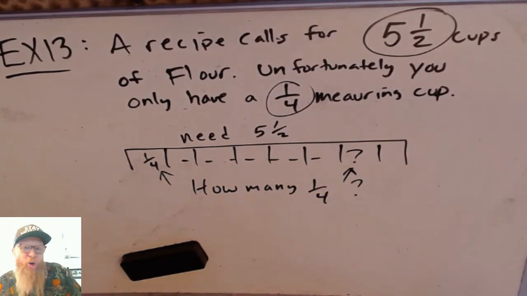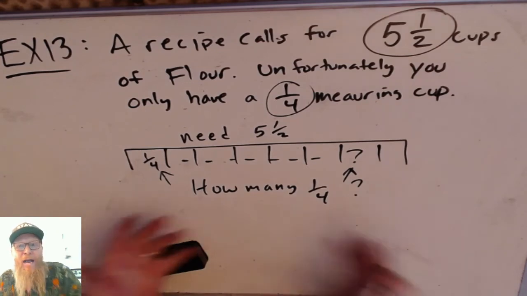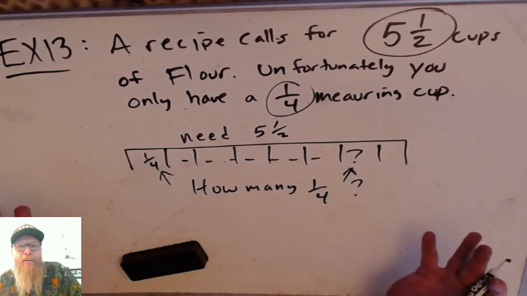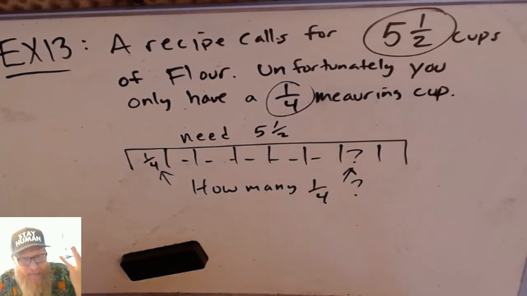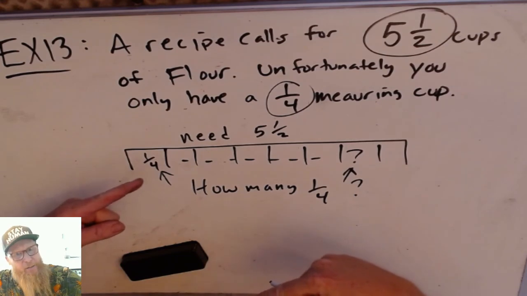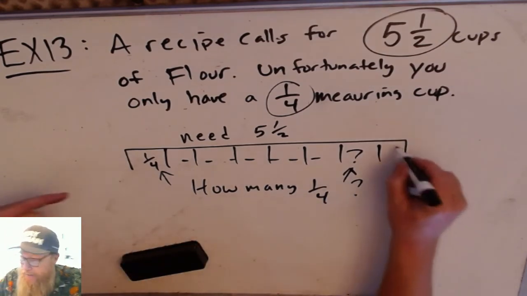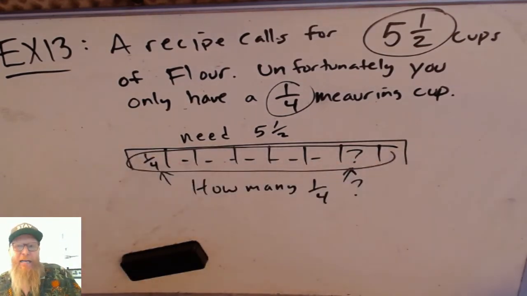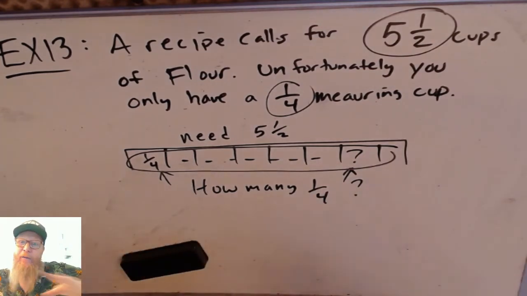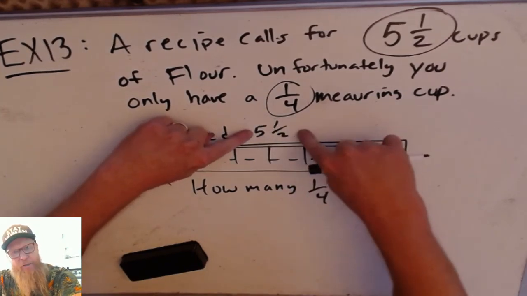How many quarters, a 1/4 is also called a quarter, how many 1/4 cups would you need? Well, this is a quotient. It's the reverse of a product. I'm trying to figure out how many I need, as opposed to the last problem, where I already knew it was a week, and I was just trying to figure out this number, the larger number.